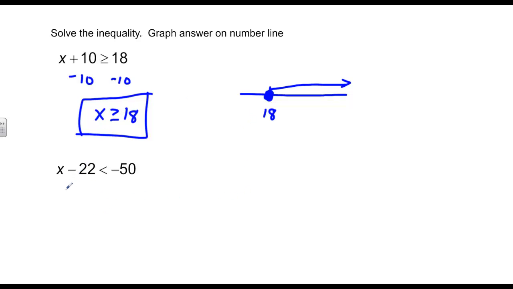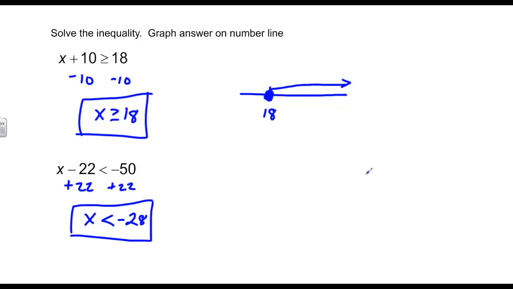Now let's look at the next example. I have x minus 22 is less than negative 50. I add 22 to both sides, and I get x is less than negative 28. Now in this case, again, here's my solution algebraically.